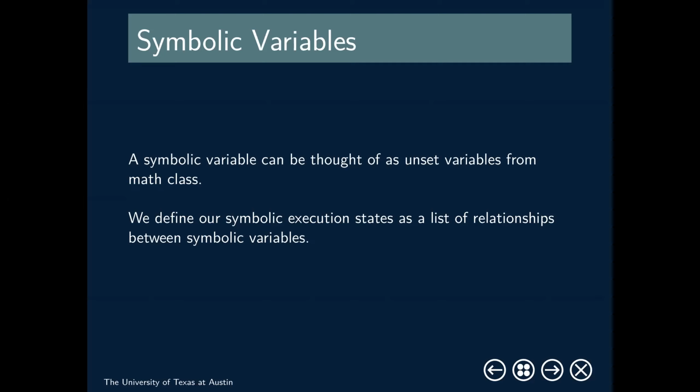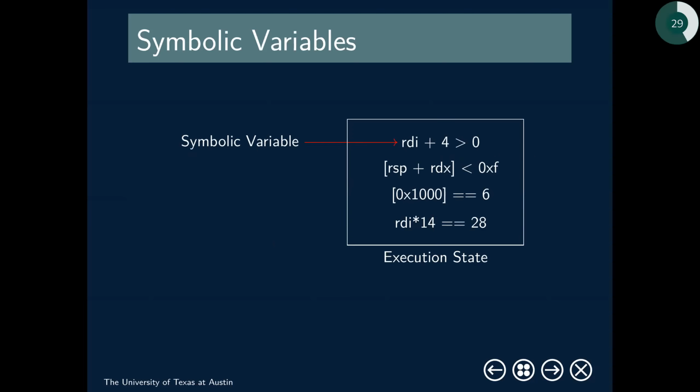So we define our symbolic execution states as lists of relationships between these symbolic variables. So if I go back a slide, this is just a bunch of inequalities of symbolic variables, right? So our symbolic state is just a bunch of inequalities.